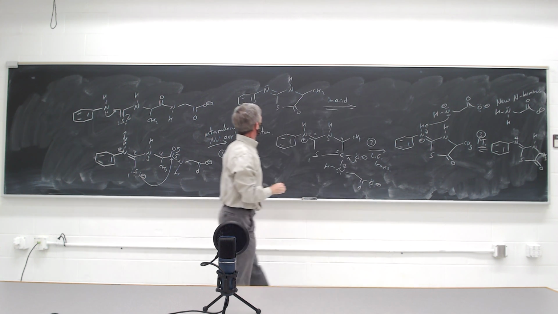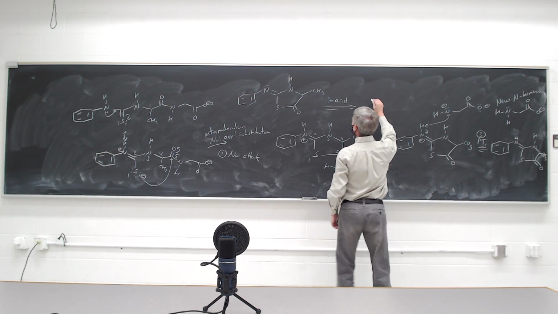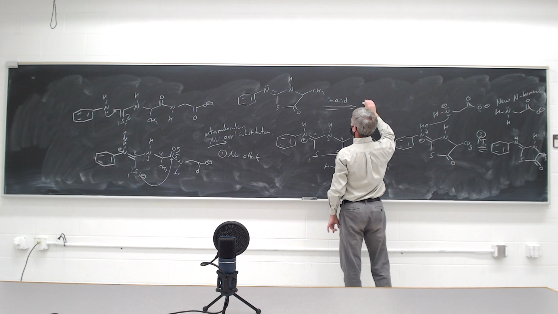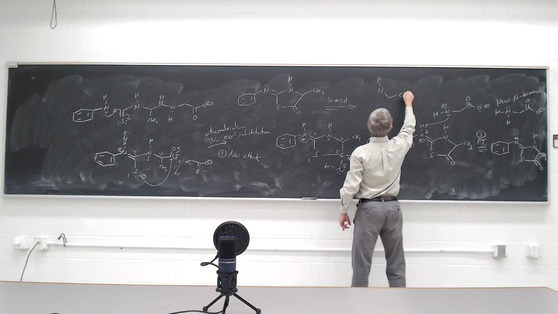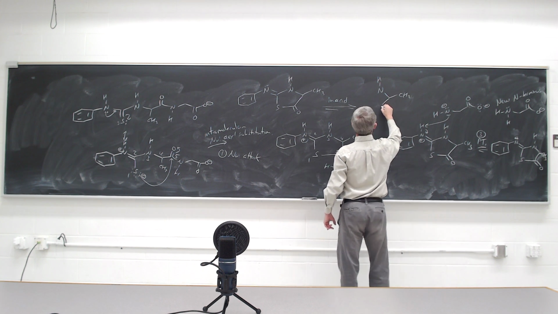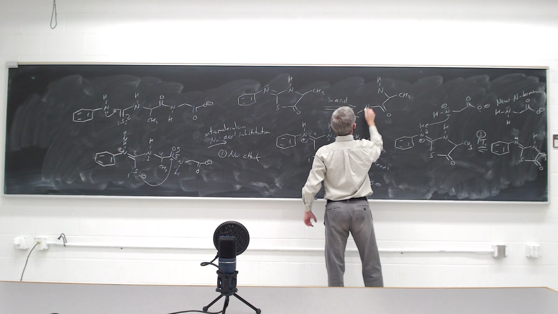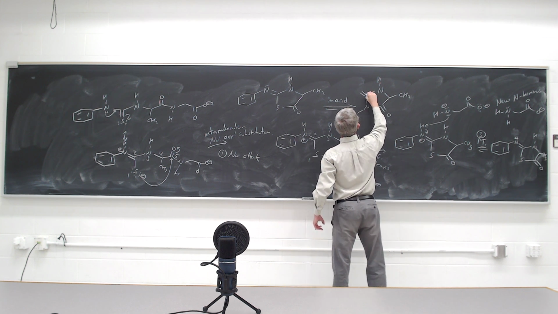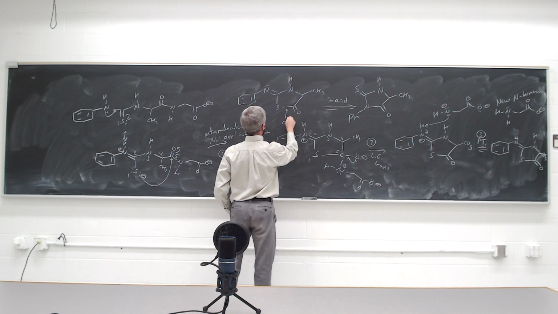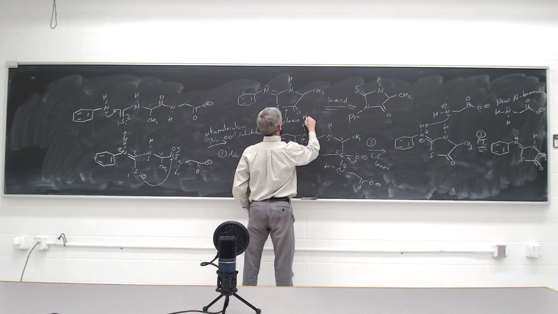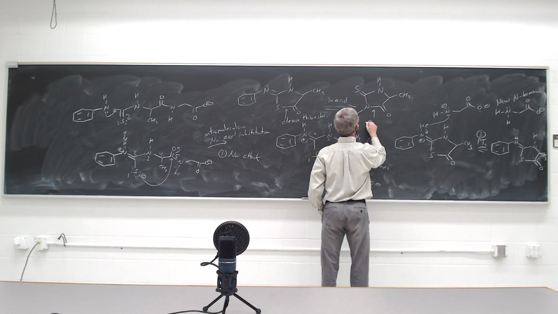But in an acid, there'll be an equilibrium where this rotates, and what you form looks like this. So we're basically cleaving the thioester and forming an amide in its place.